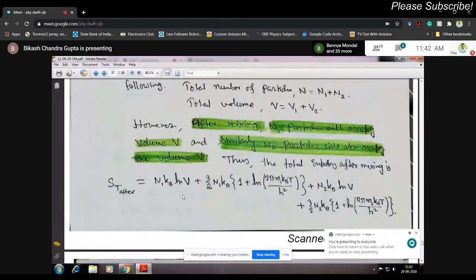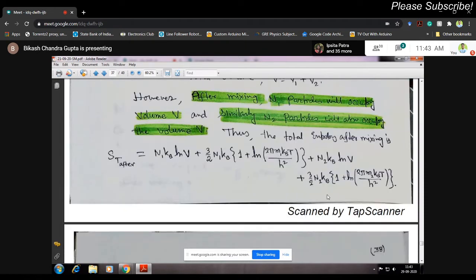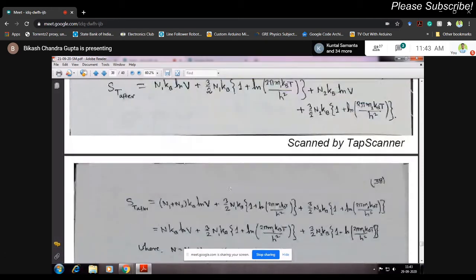And therefore the entropy after, we can write as N1 kB ln V for the N1 particles, because they have no restriction to go anywhere, and will move around anywhere within the volume V. So N1, V and T. So V1 is replaced by V, because now it has got the total volume V. And similarly the N2 particles also have the freedom to travel around the entire space V. And therefore after mixing, the entropy will take this value. Okay. Then let us see what is the change in entropy.